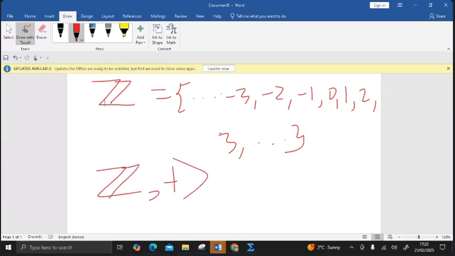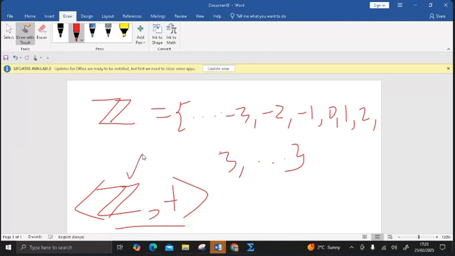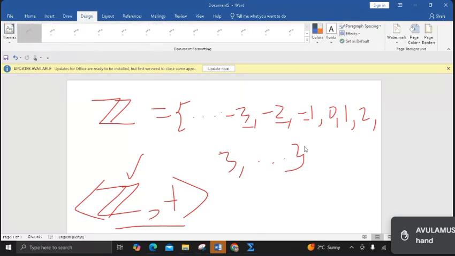Now, what is E here? Let's talk about this structure, plus. Does the set of integers have an additive identity? Which number is a number that whenever you add to any other integer, you'll always have the same integer?